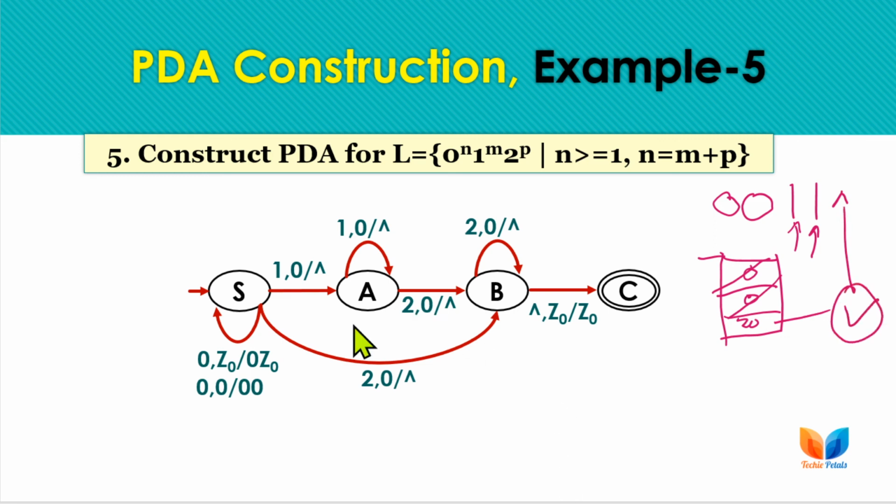As we are not having any 2s in the string, we need to make a new transition that can directly accept the string if the criteria is fulfilled.